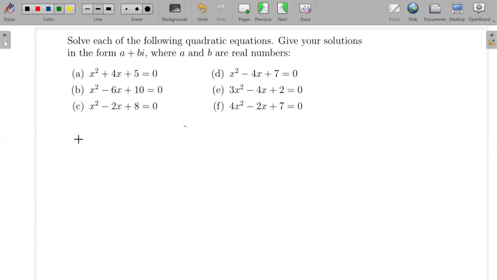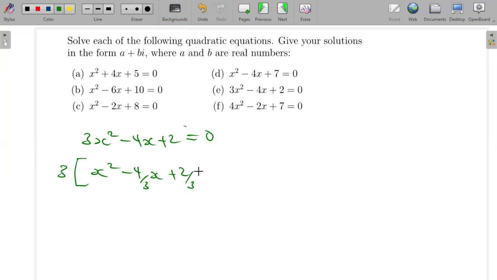Next, we just have 3x squared minus 4x plus 2 equal to 0. So I can factor out a 3 here first. Factor out a 3, I get x squared minus 4 over 3 x plus 2 over 3 equal to 0.